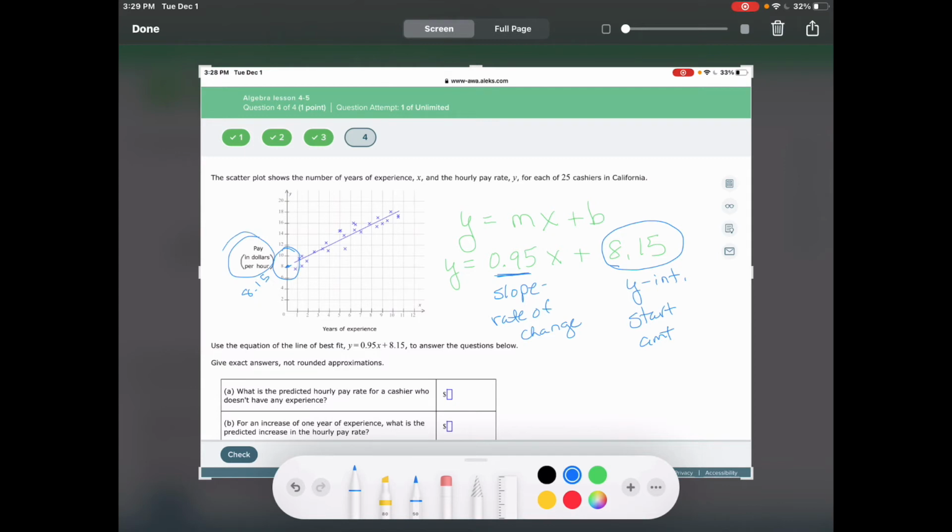And then as I go over, for each year of experience, you can think of it like this if you want: for each year of experience, I'm going to go up 0.95. So I am going to increase 0.95 times the year.